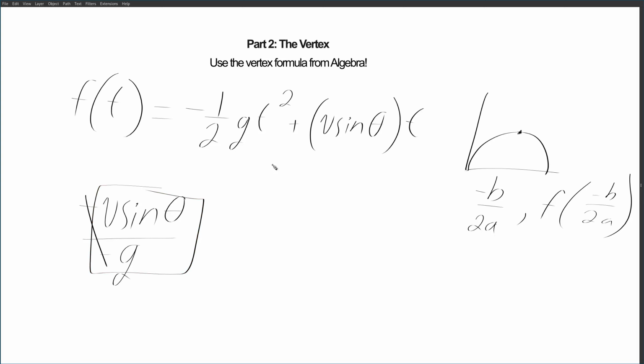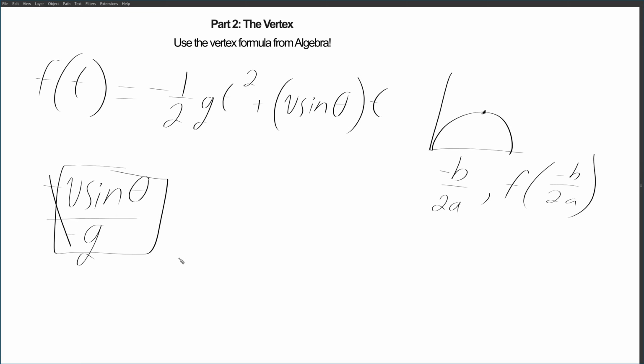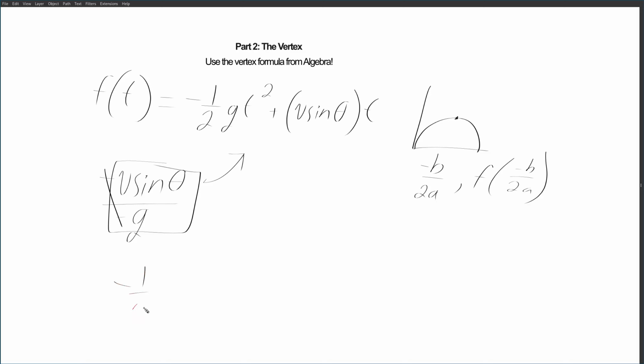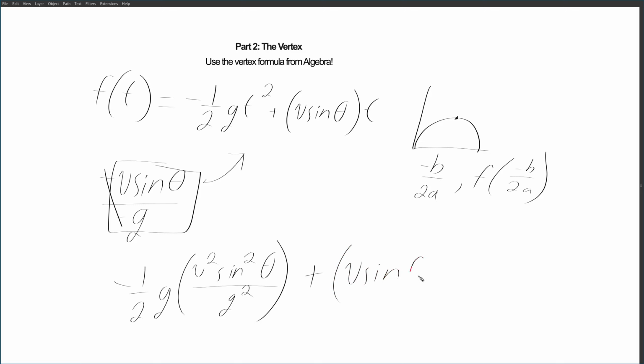For the height, we're going to have to plug that in. So we're going to get negative 1/2 g of this expression squared. I'm just going to square beforehand, so we get v squared sine squared theta divided by g squared, plus v sine theta times v sine theta again divided by g.